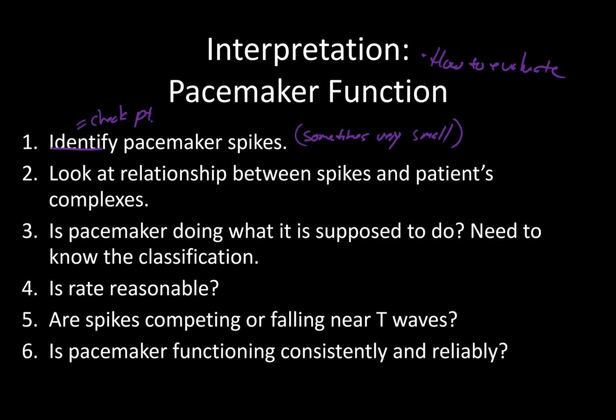So once you've identified spikes, the next thing you need to do is look at the relationship between the spikes and the patient's complexes, the depolarization. A more simple way to put it is, does the spike make a complex?